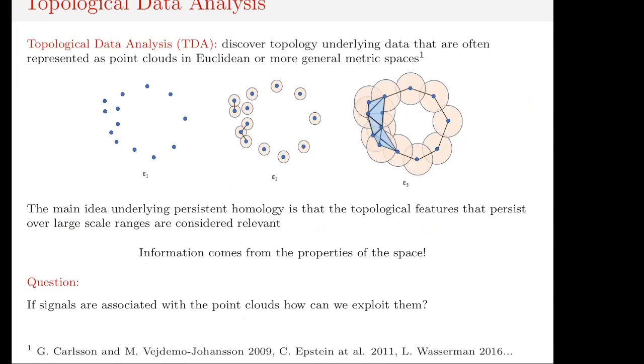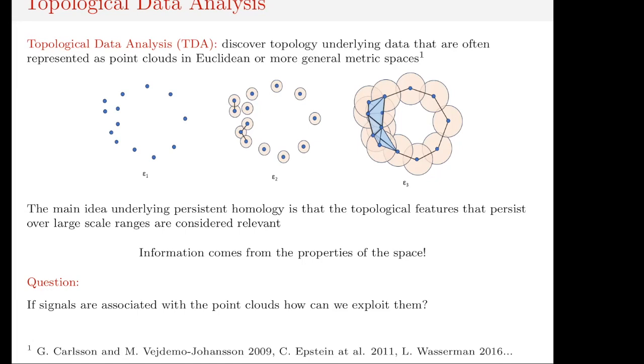Topological data analysis is based on the analysis of data through topological tools. The goal is to discover the topology. Often we start from a point cloud, and these points are often in a Euclidean space. And the main idea is, for example, to learn the topology by using persistent homology.